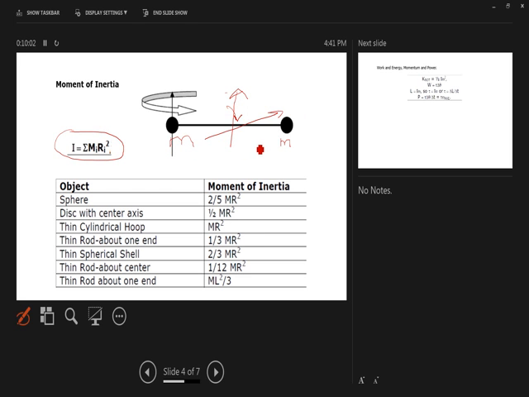It doesn't really matter, but wherever the axis of rotation is, it's going to change the moment of inertia, because what the moment of inertia is telling us is how difficult it is to rotate this object. Notice the word inertia. Remember, in linear motion, inertia is measured by expressing the mass, and inertia is resistance to being accelerated.